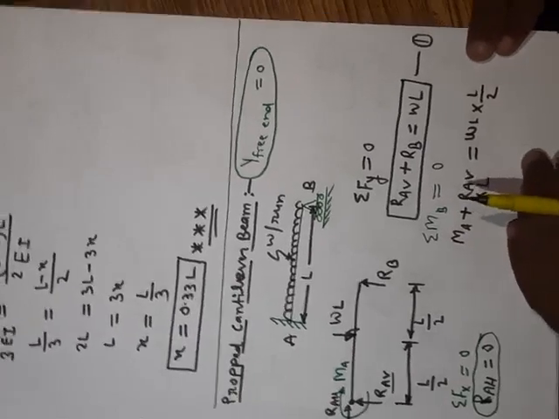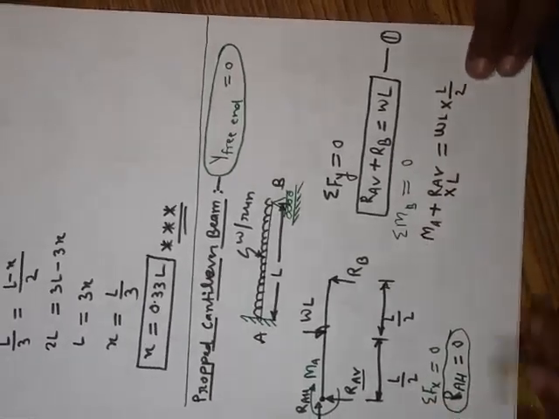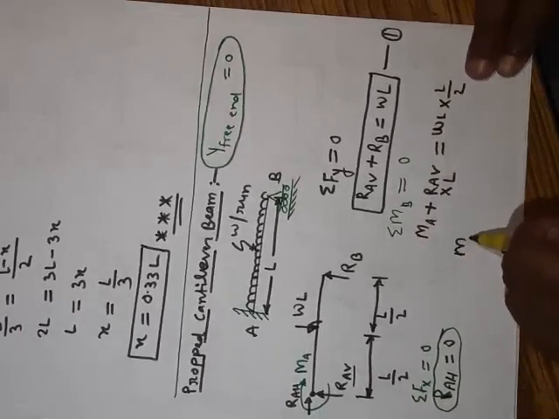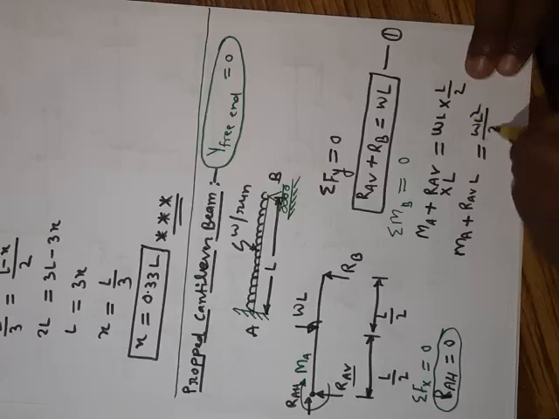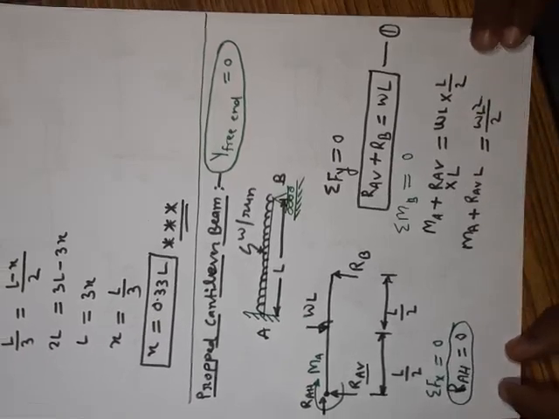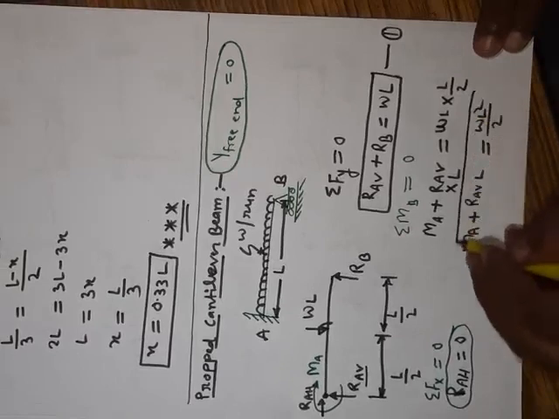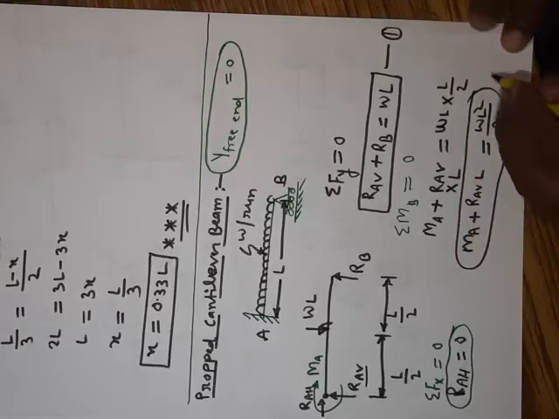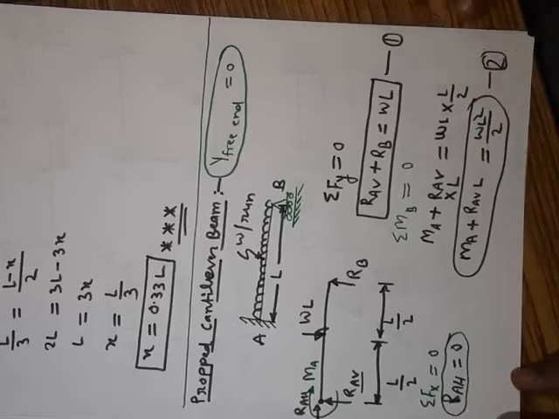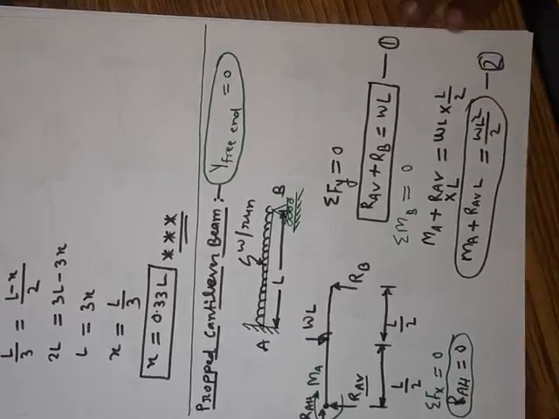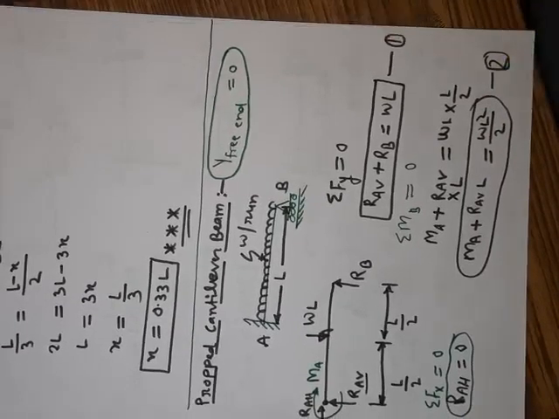So we can simply write MA plus RA into L equals WL square by 2. I am assuming this is our equation number 2. Students, this is a very interesting problem and has been asked many times in GATE and other competitive exams.